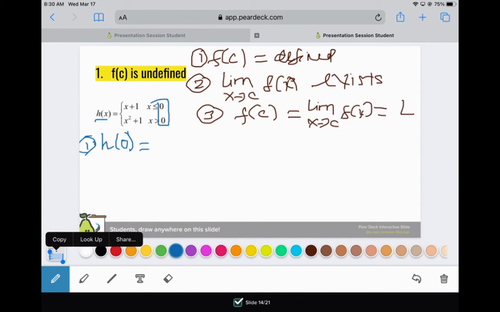Some of you tell me the bottom one. Why do you think the bottom one? Or if you say the top one, tell me why. Because I cannot test both. I have to figure out which one. So h of 0.